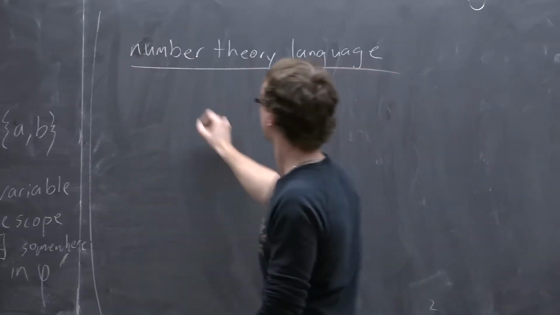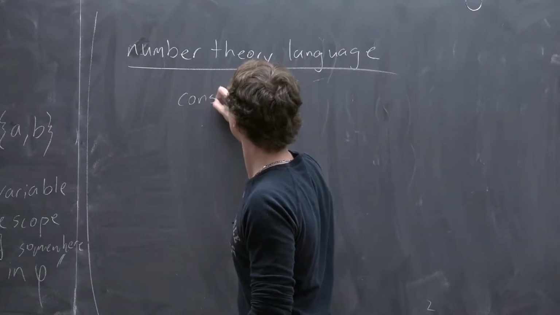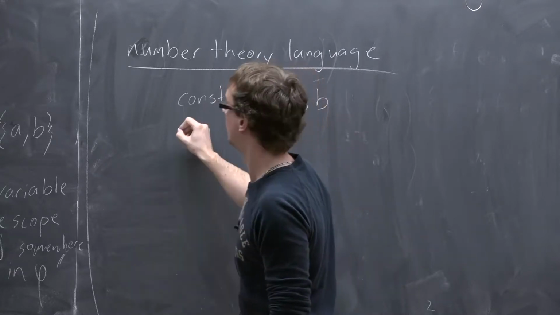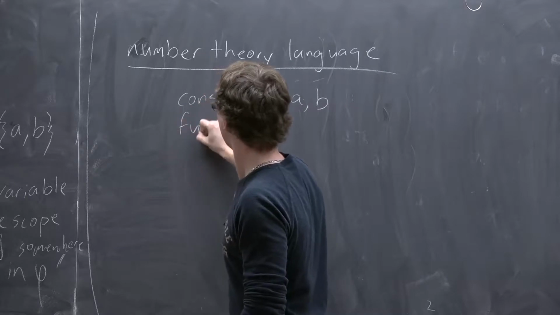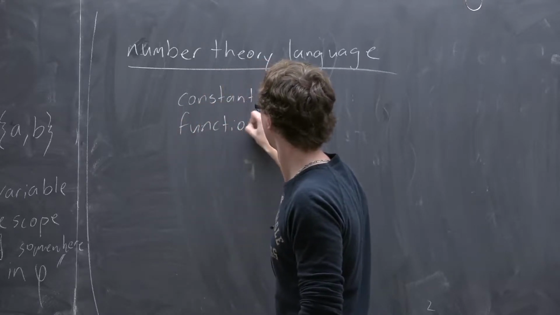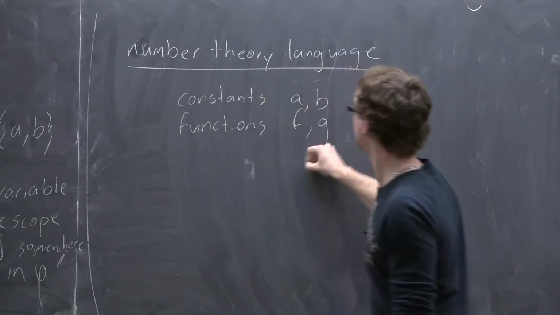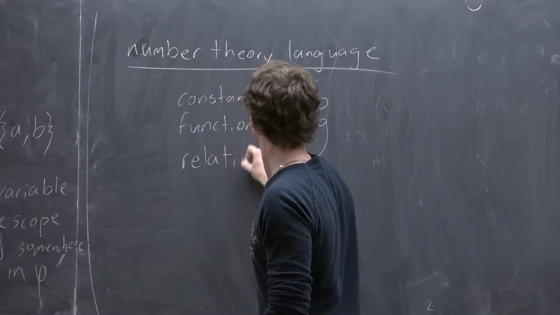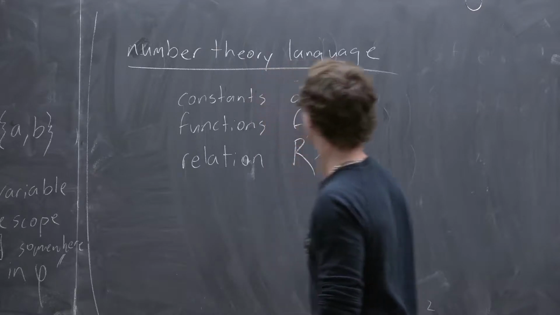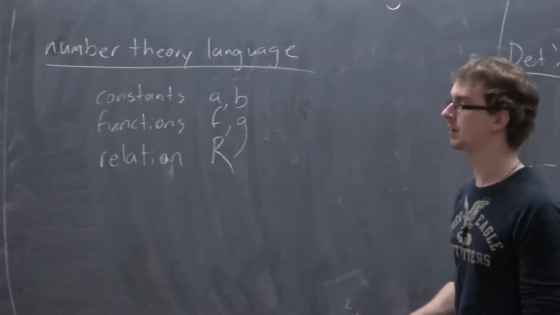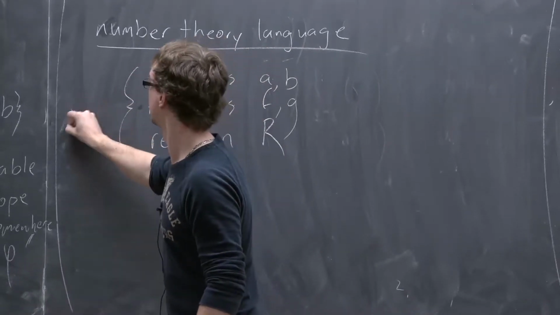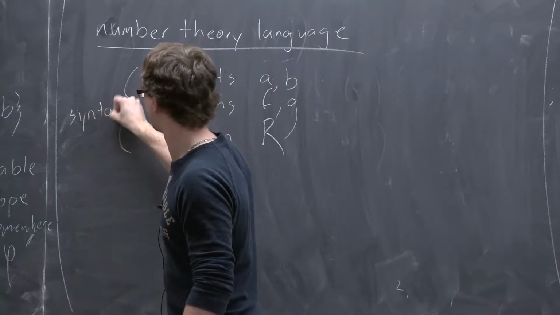We've got constants A, B. We've got functions f and g. And we've got one relation. And these are just symbols, so they don't actually say anything about number theory yet. This is just our syntax.